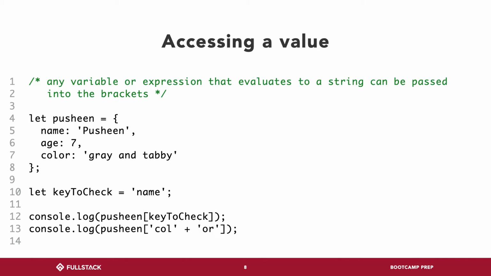Color, you get the same thing. Pusheen, Gray and Tabby. This works the same way as accessing things in arrays. Like you can do array at 5 plus 5 and it'll give you 10, right? It's the same thing.